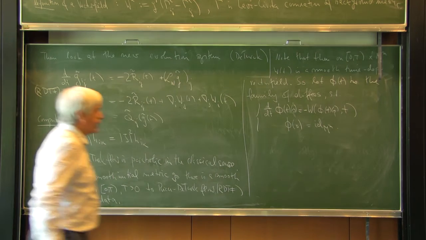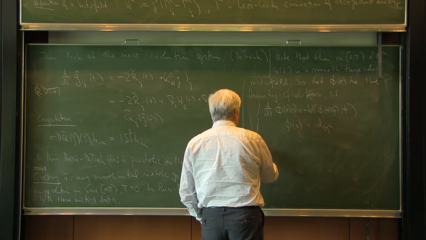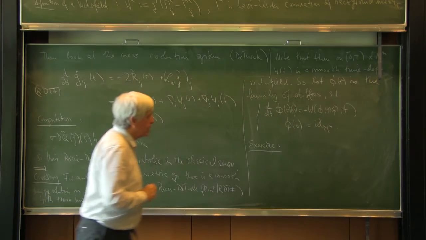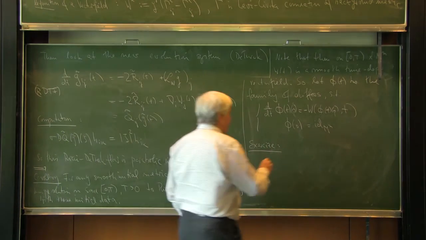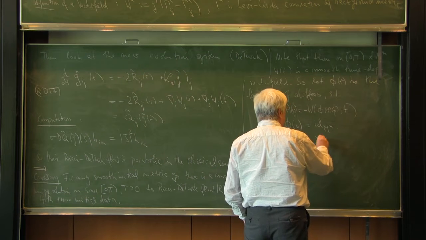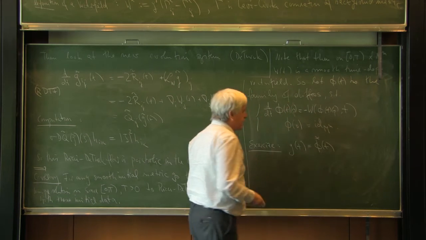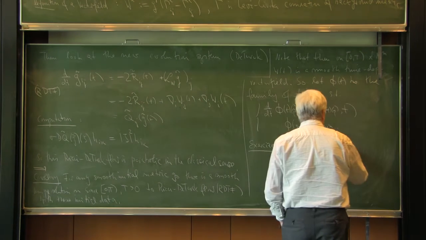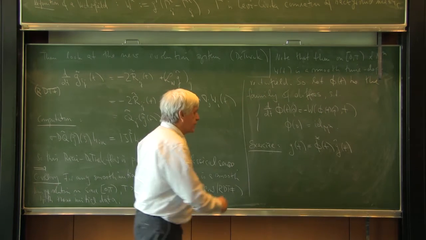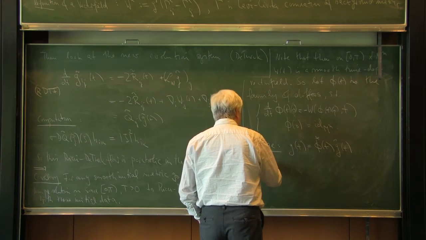And then you just check, as an exercise, that the metric g of t, which is just the pullback phi star of the metric g tilde of t, satisfies the original Ricci flow.